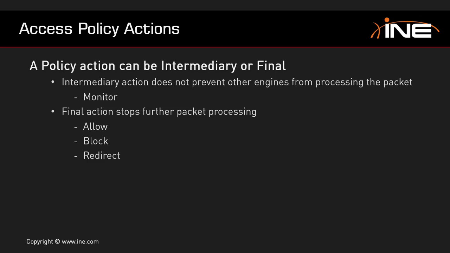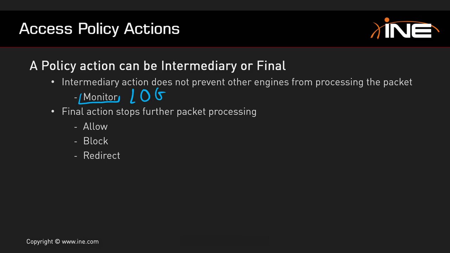Like with the intermediary action, which is again just the monitor action, this action is generally configured to log the traffic, but it still allows other control settings or other policies within given control settings to be processed. So it doesn't stop transaction processing.